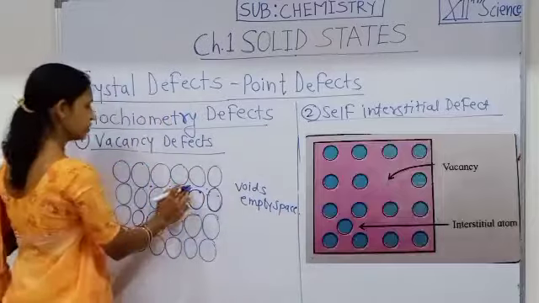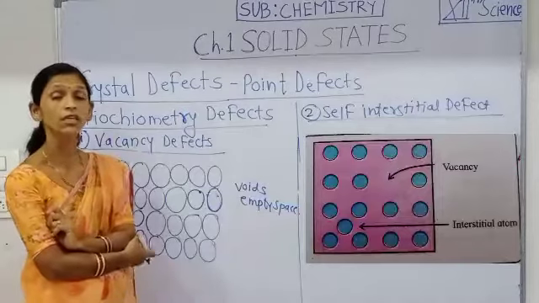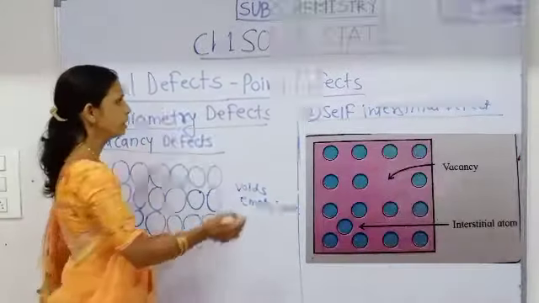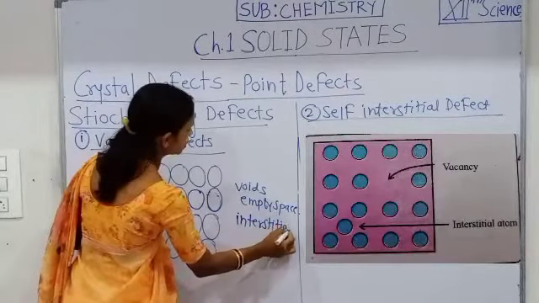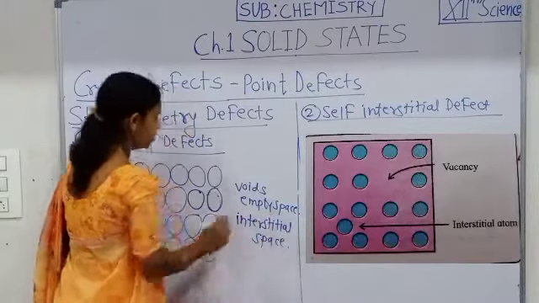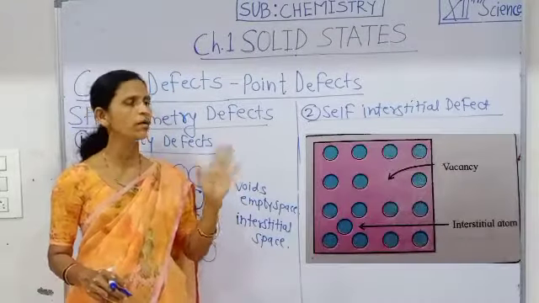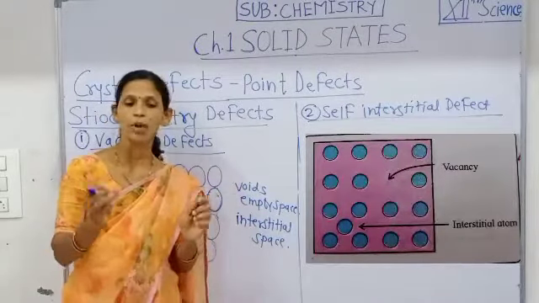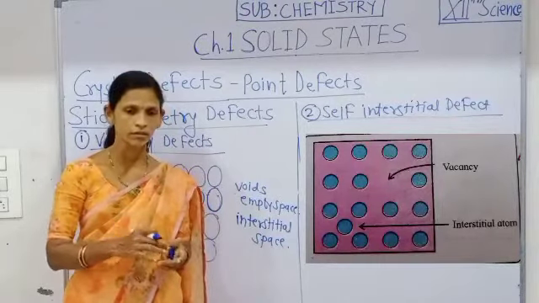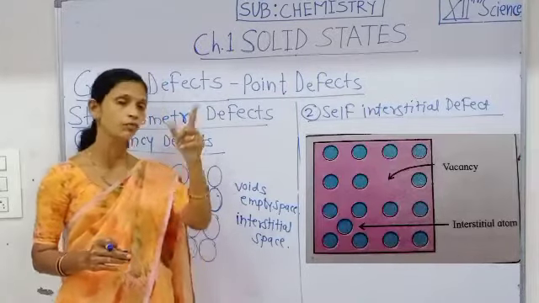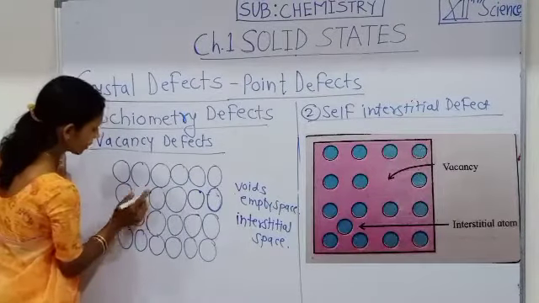That empty space created while arranging the particles in the crystalline substance is called interstitial space. In this type of defect, the self-elemental interstitial defect, a particle shifts from its regular site into the interstitial space present in the crystal lattice.